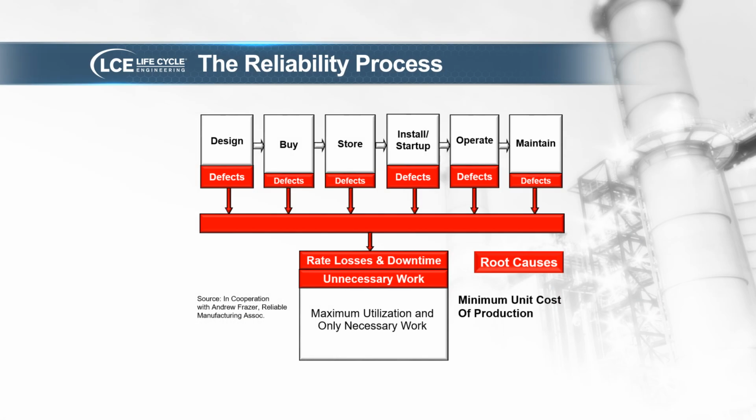So how do we support implementing the reliability improvement plan? Well, what we need to do is use what I call the reliability process that supports operational excellence. And it begins with the design. That is, you have to design the equipment for reliability and for lowest life cycle cost. It includes procurement.